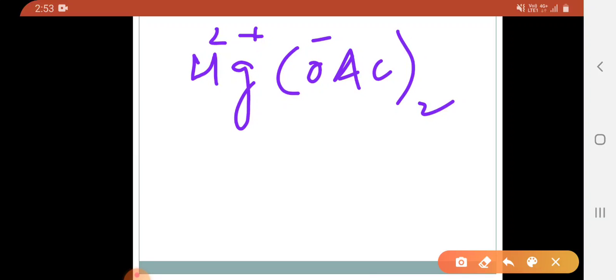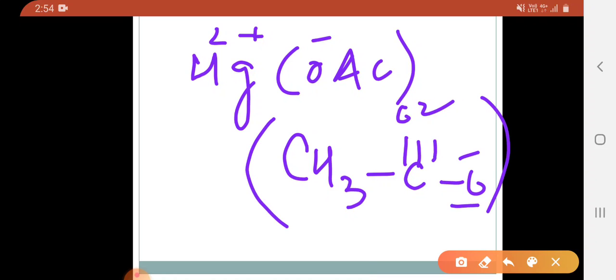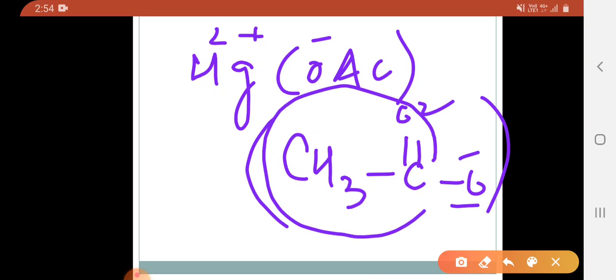What is OAc? It is acetate. The structure of OAc is CH3, C double bond O, and O negative. We treat it as O negative, and this is the acetyl group. Hg(OAc)2 is the reagent for oxymercuration.